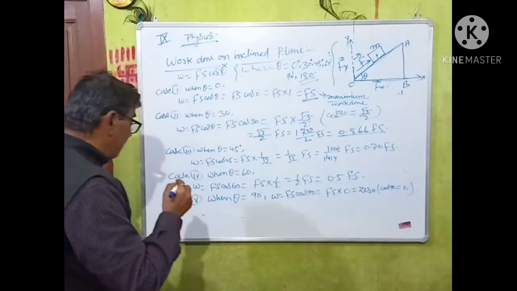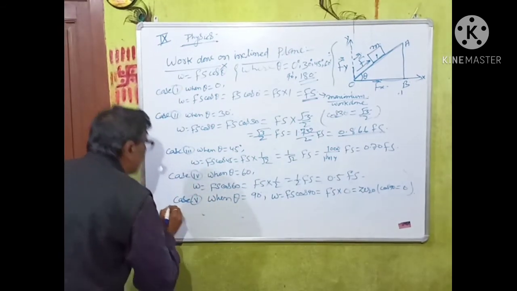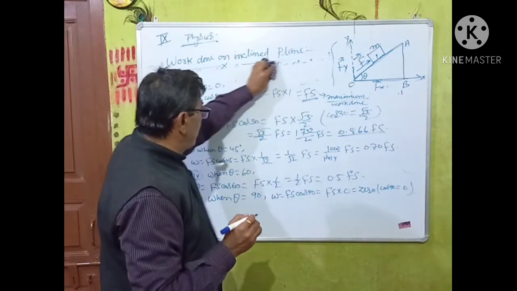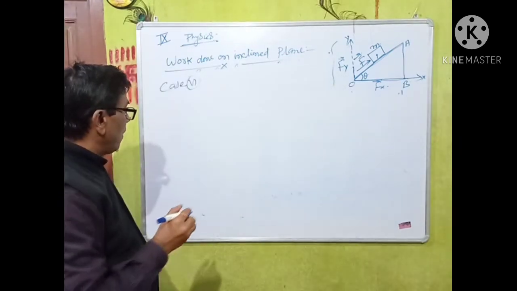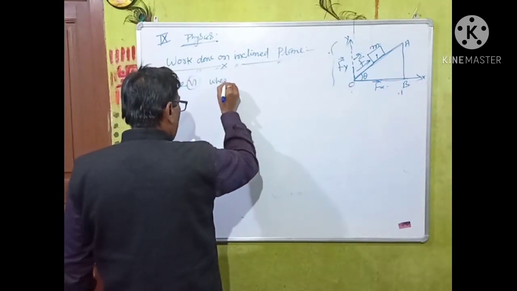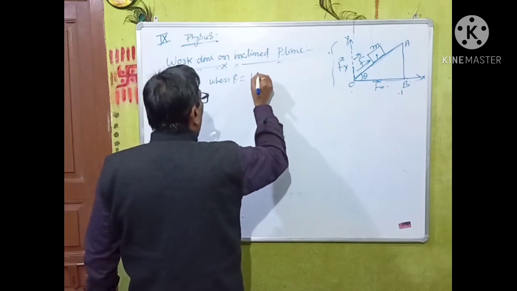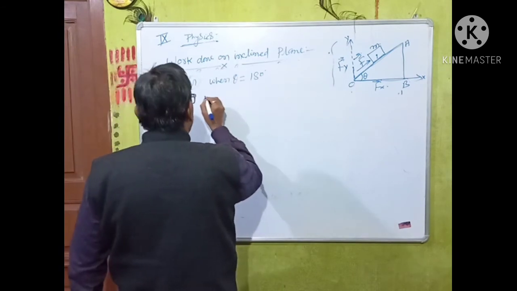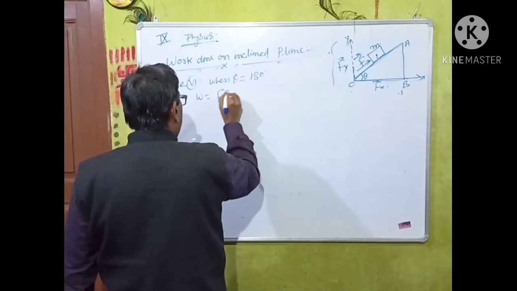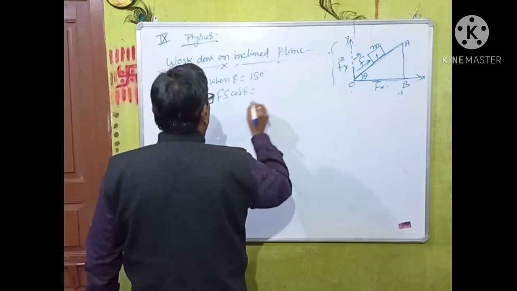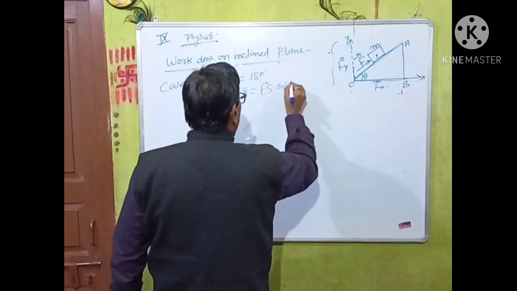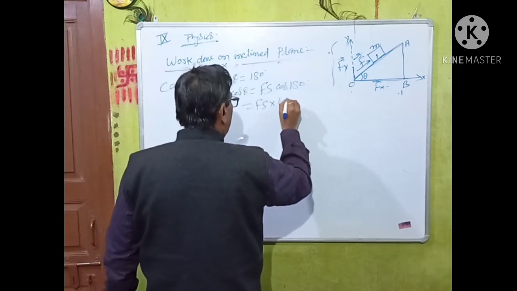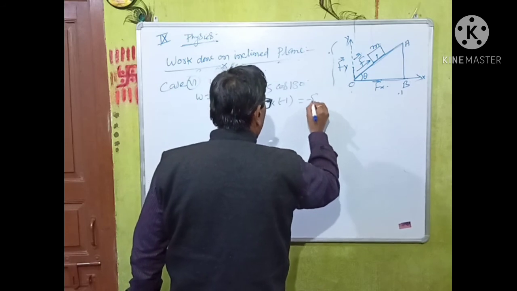But in the case of the sixth case, we shall discuss case 6, when theta is equal to 180 degree. Then work done is equal to Fs cos theta, which is Fs cos 180 degree, equal to Fs into minus 1, equal to minus Fs.